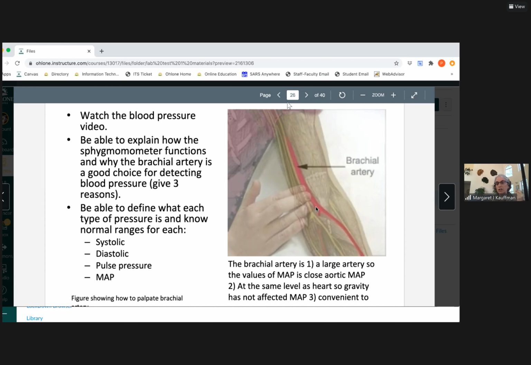That means you are at diastolic pressure. So you'll see on the cardio microphone the little pulse that is representing the screech sound that blood makes as it's trying to get through. When it disappears, that means you are at diastolic pressure. So understand how to use the sphygmometer to do that.